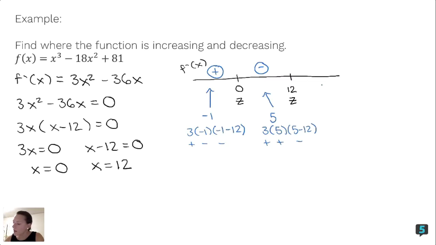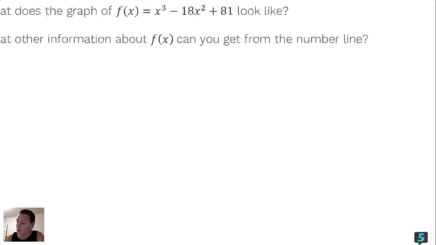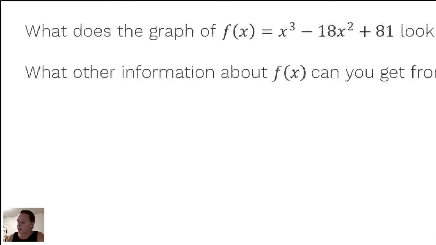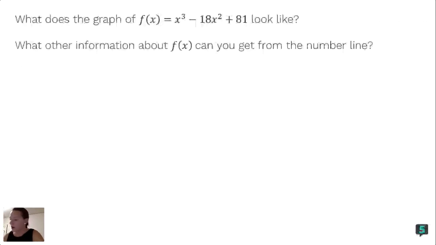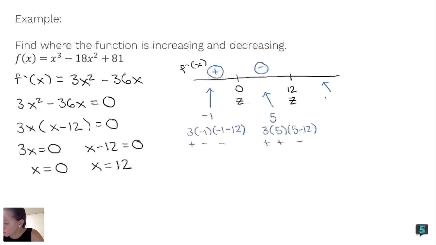All right, and then we've got to pick another number in that last interval, something between 12 and infinity. What do you want to plug in there? $100, sure. I picked 30. Whoops. Leaned on my screen. There we go. All right, we went with 100.